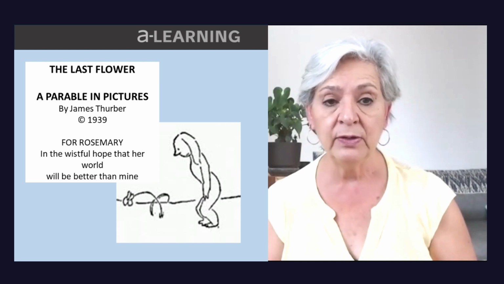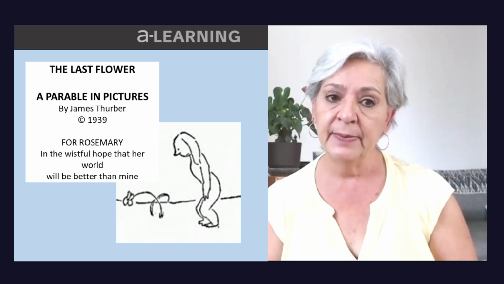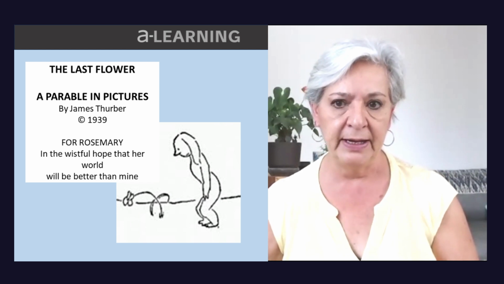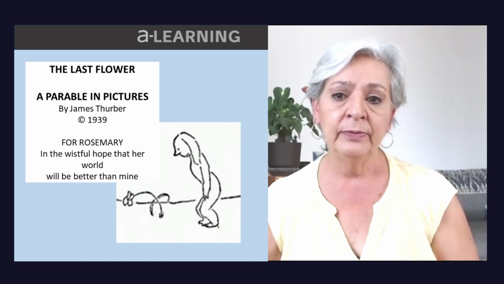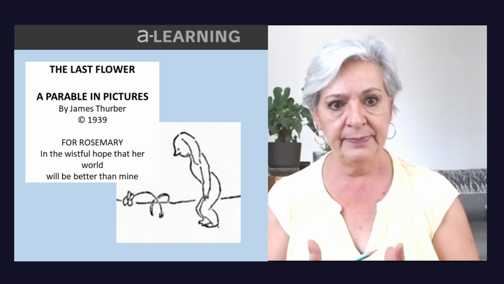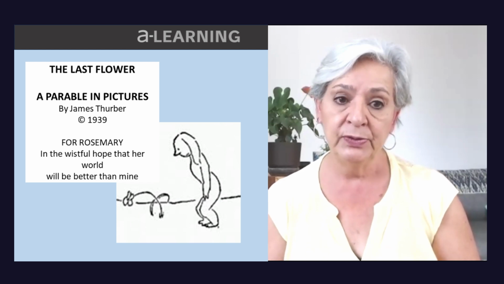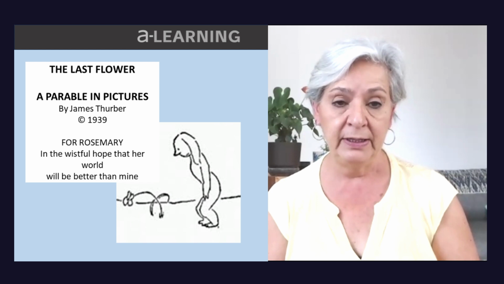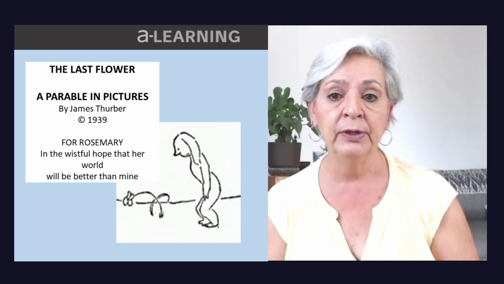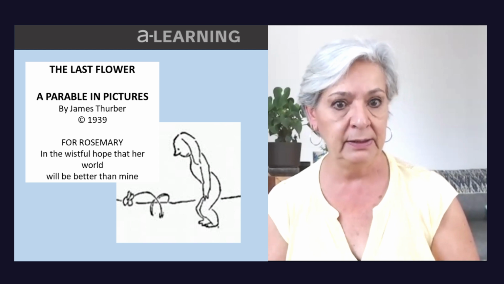The story that I'm going to share with you is a parable in pictures, and it was written by James Thurber in 1939. James Thurber dedicated his parable to his daughter Rosemary, and he says, in the wistful hope that her world will be better than mine.